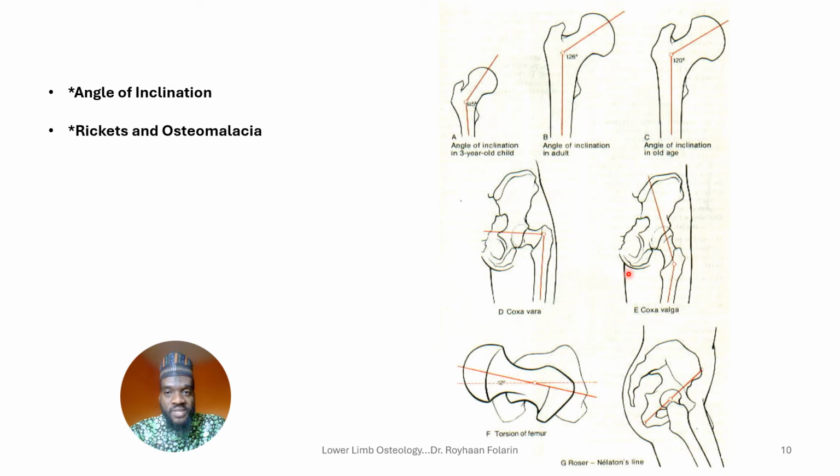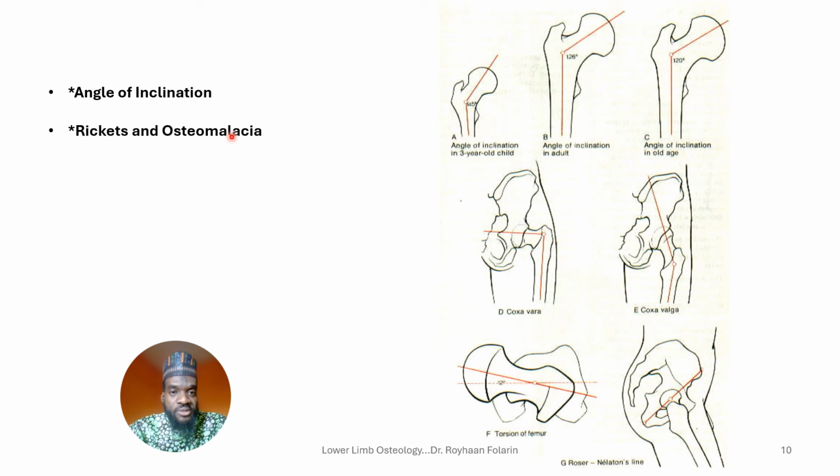So both of these affect the gait and the stability of the hip. So once an individual has a variant angulation from the normal according to the respective age, then it comes with these problems.